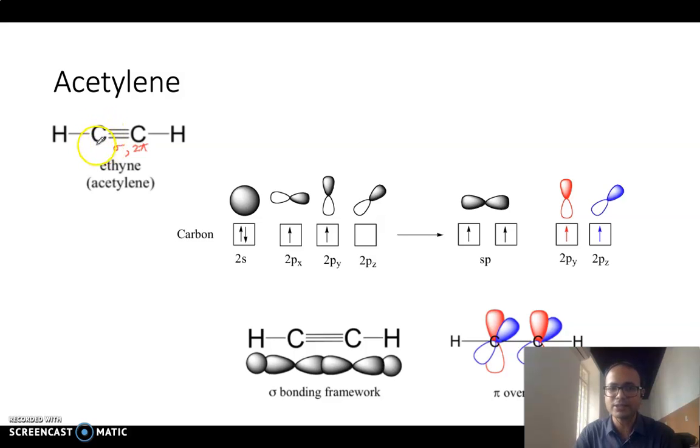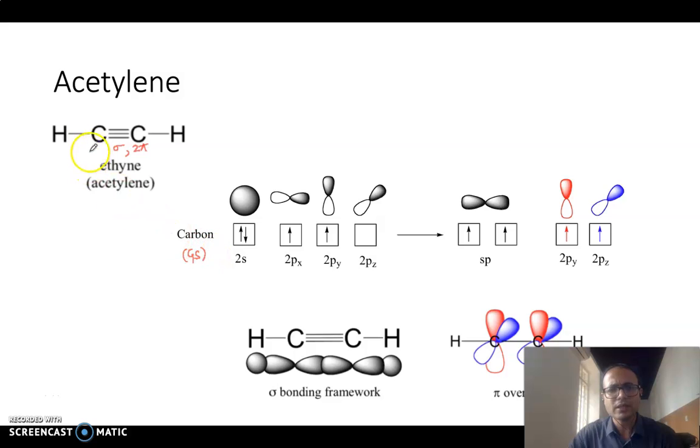Whatever we consider for this carbon atom would be the same for the other carbon atom as well. If we write the ground state electronic configuration of the carbon atom, it is 2s2, 2p2, and one of the 2p orbitals is empty.